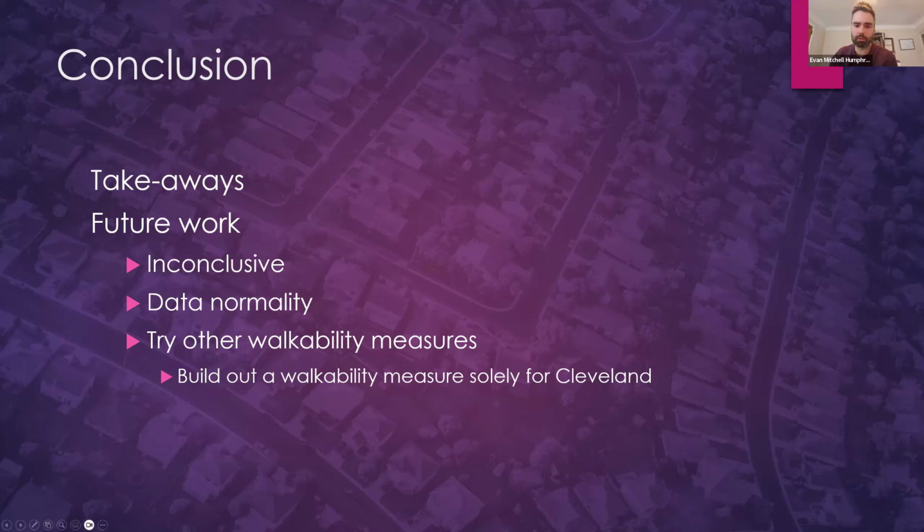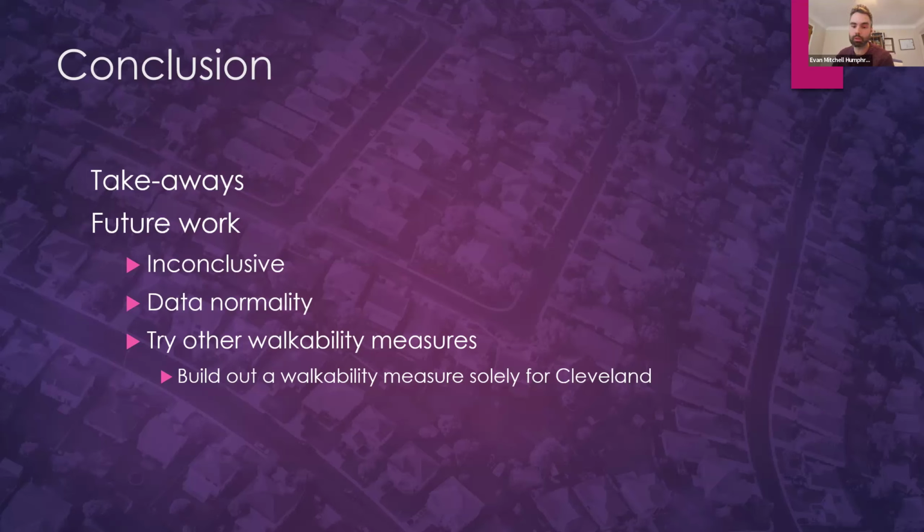A potential next step suggested by my advisor is finding different measures of walkability, potentially to use in regression and correlation with obesity data once that obesity data achieves normality.